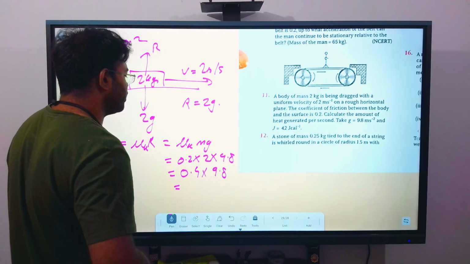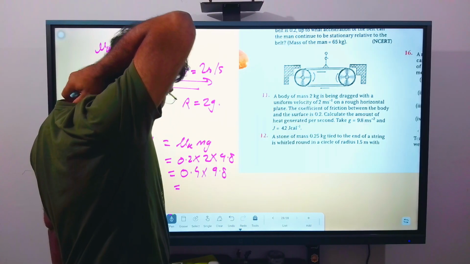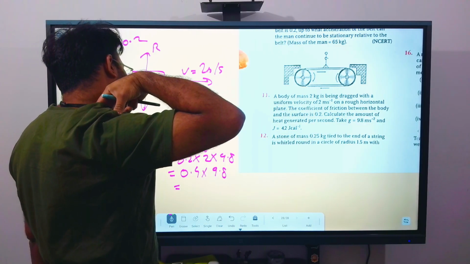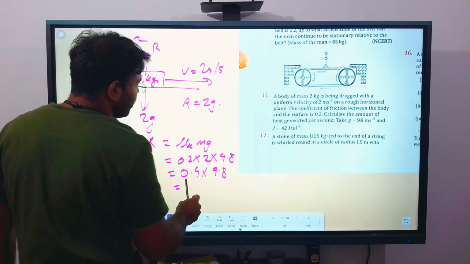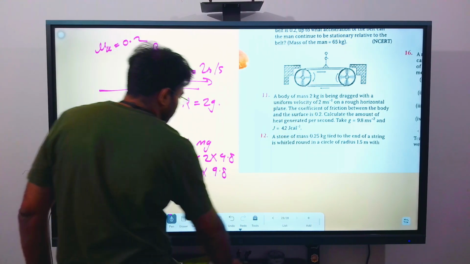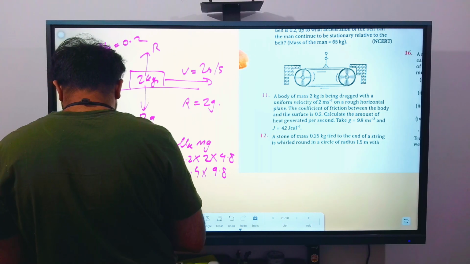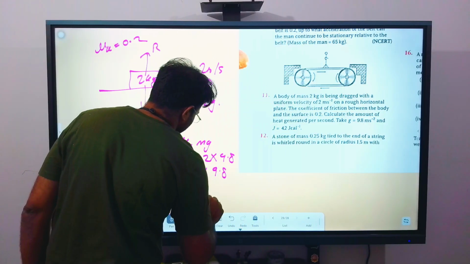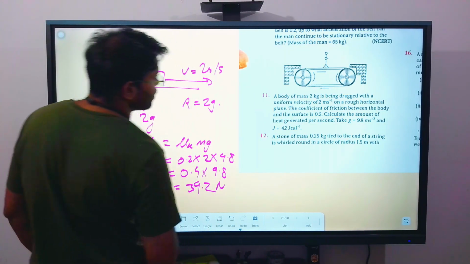What is this going to be? 9.8 multiplied by 0.4 is 39.2. So this is 39.2 newtons.